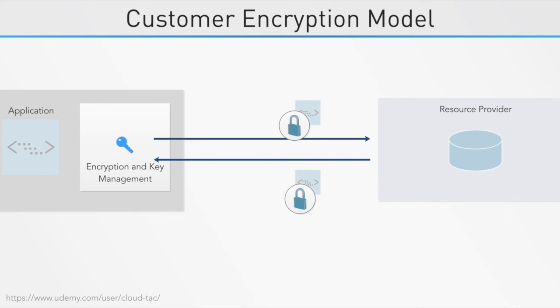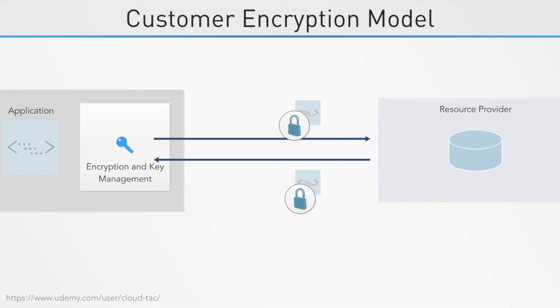Finally, the client-side encryption model refers to encryption that is performed outside of the resource provider or Azure by the service or calling application. The encryption can be performed by the service application in Azure or by an application running in the customer data center.